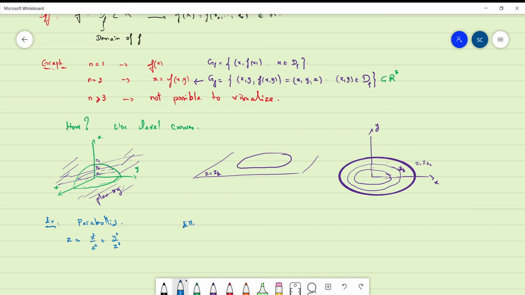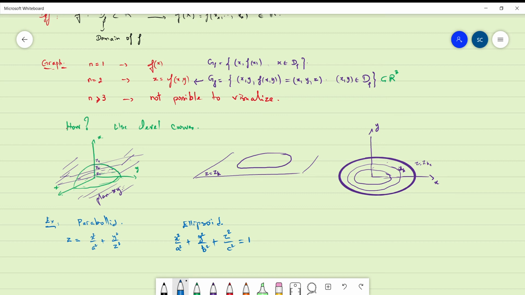The ellipsoid has the general equation x²/a² plus y²/b² plus z²/c² equal 1. It's not the graph of a function, but we can deduce part of it. Those are the standard equations, and you can look at the notes to see how we can identify the sets.